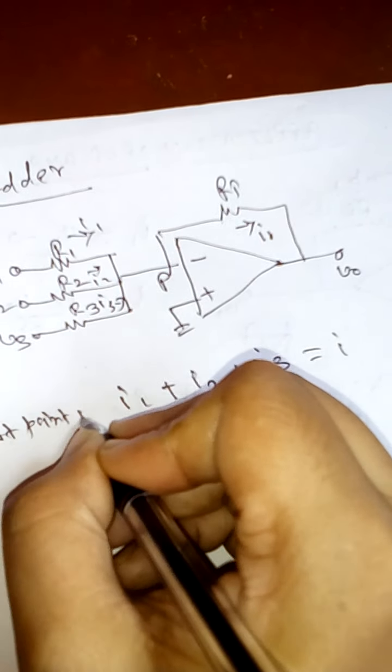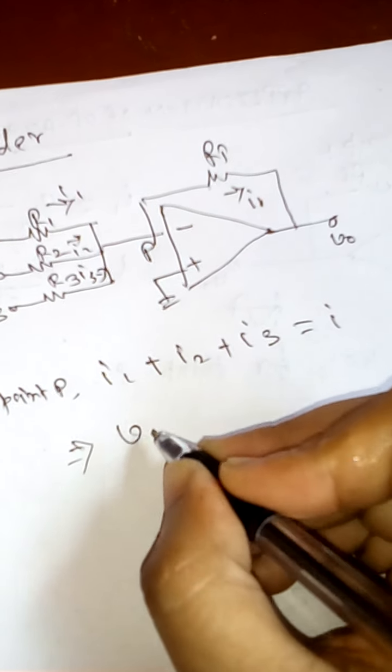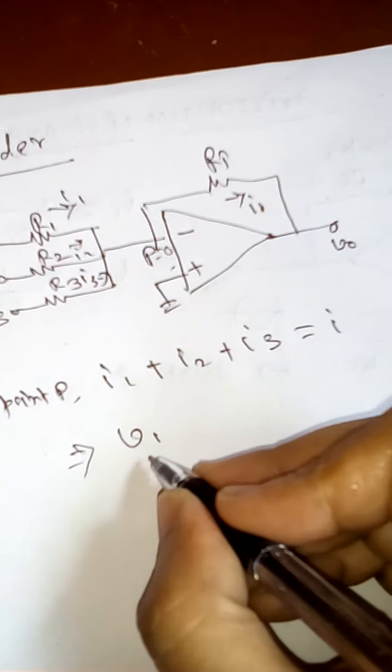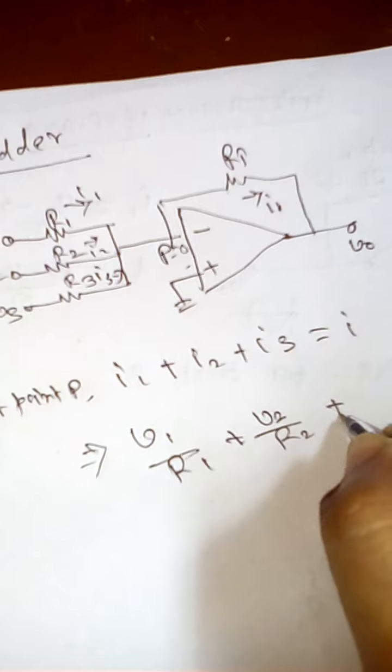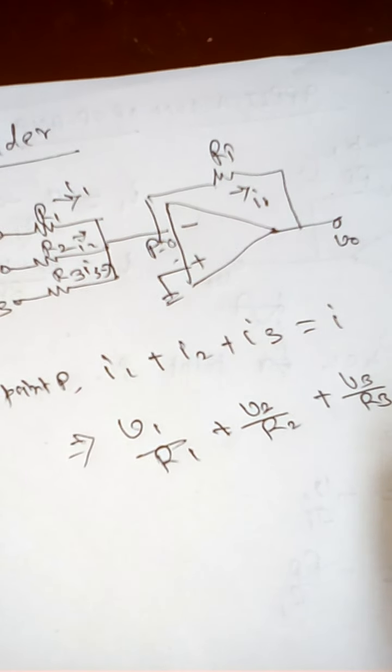Similarly, if we use KCL, at point P the voltage is 0, so (V1 minus 0) by R1 plus (V2 minus 0) by R2 plus (V3 minus 0) by R3 equals (0 minus V0) by Rf.